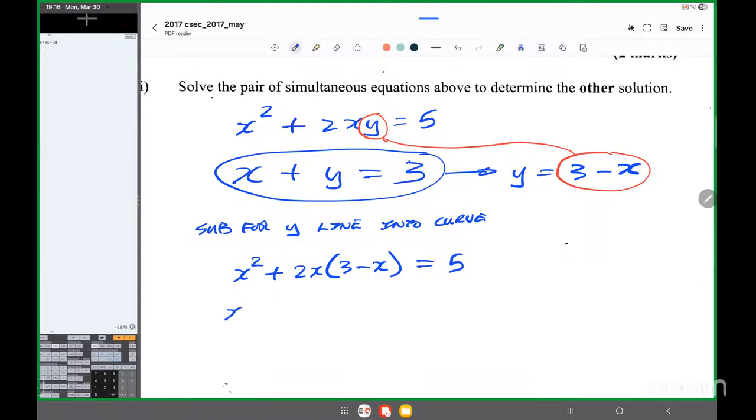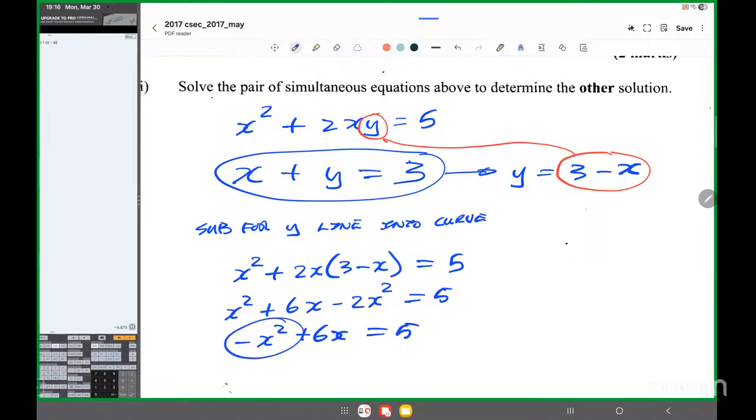So you get x squared plus, expand this now, 2x times 3 is 6x, 2x times minus x is minus 2x squared. That's equal to 5. And x squared and minus 2x squared is minus x squared plus 6x equals 5.